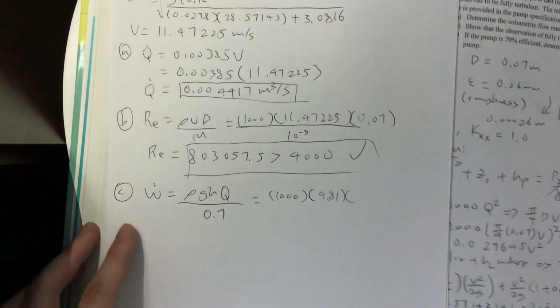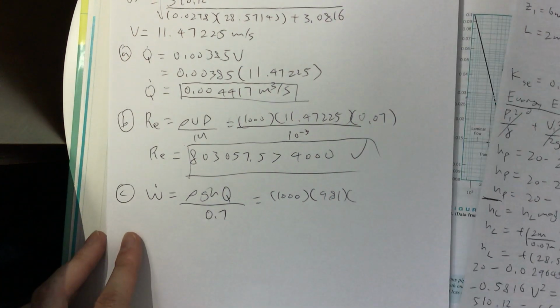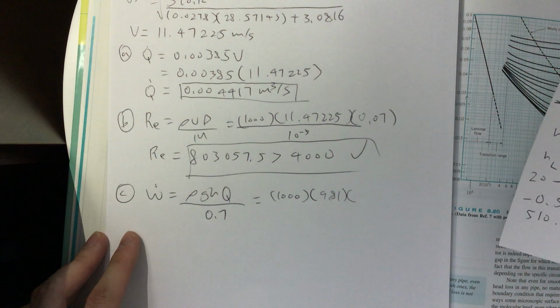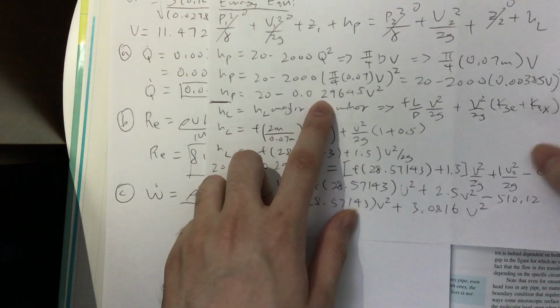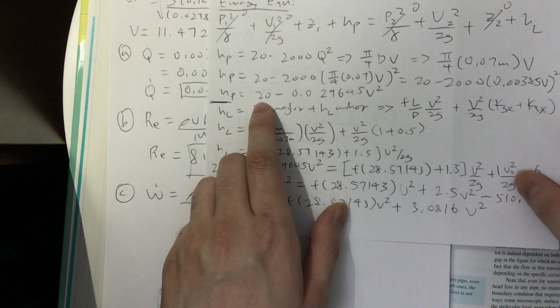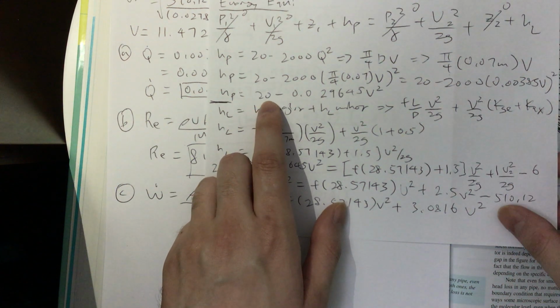H, we have it in our last page, which is, there you go, 20 minus 2,000 times Q squared.